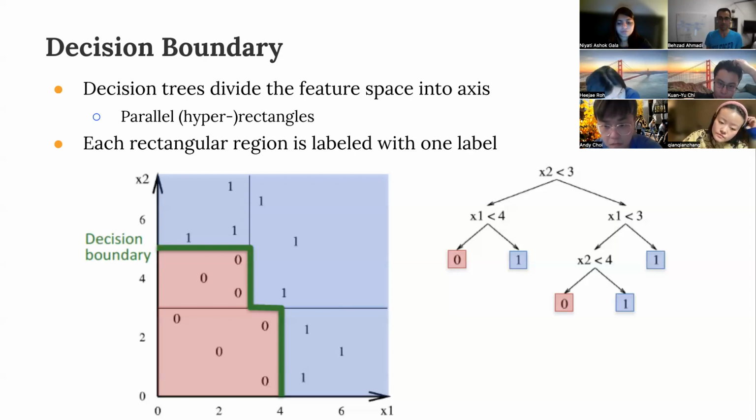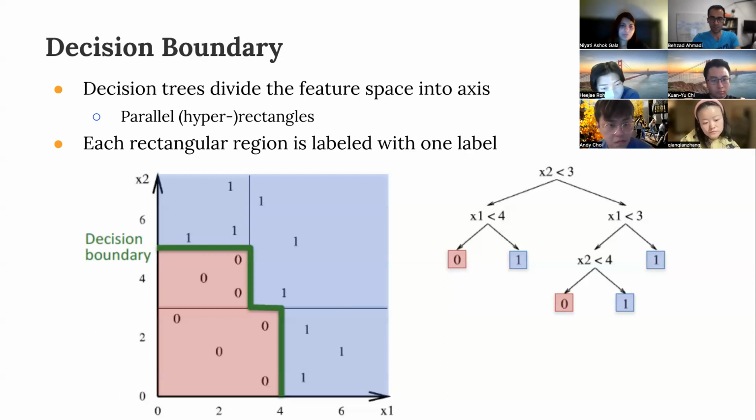Okay, now let's translate this into a decision tree. Given the boundary, how would you go? So the main thing is that you have x2 and x1, right? There's nothing more, so you have to split by x2 or x1. The first thing is that you can say, I'm going to split by this line first. So it says, is x2 less than 3 or not? If x2 is less than 3, I get this left side and the right side.